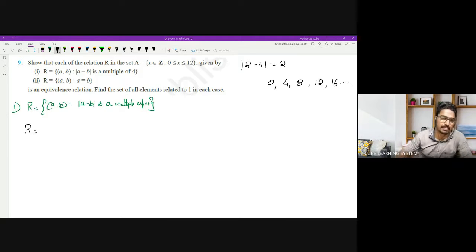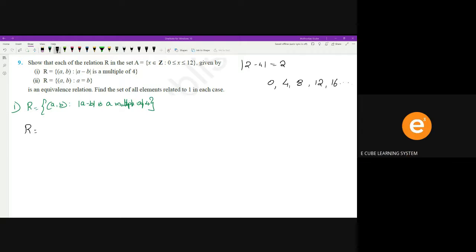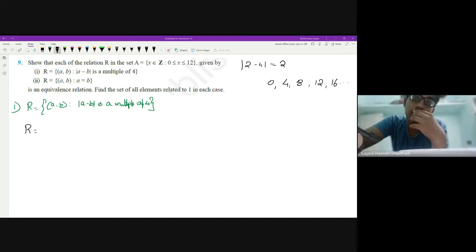The difference must be a multiple of 4, only then can we include it in the relation. 8 is a multiple of 4.